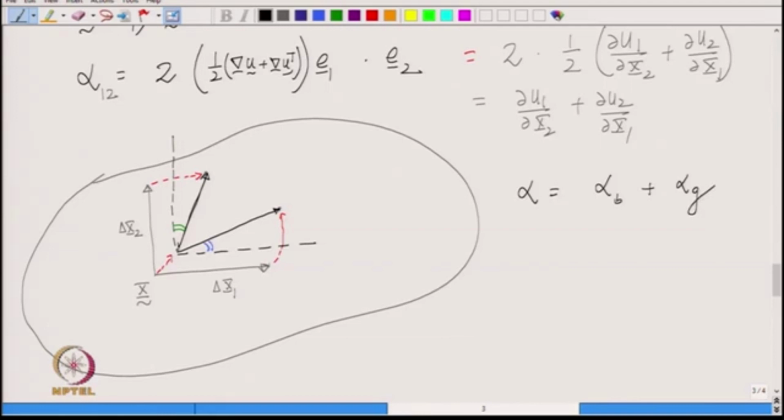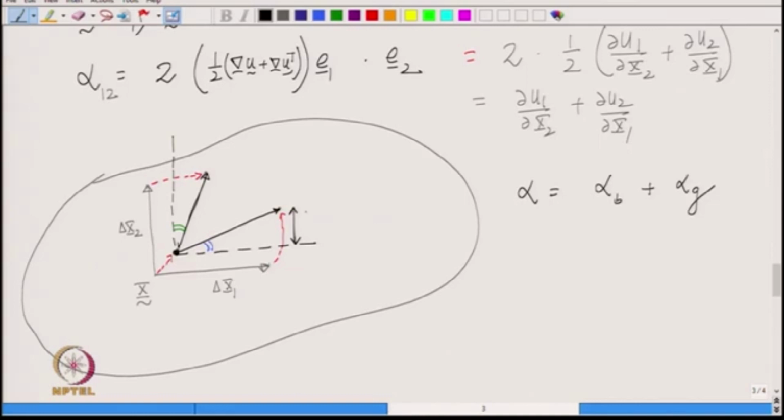To get alpha blue, you simply look at this triangle here. What will be this distance over here? Why is this distance coming? Because the vertex and the tip point move differently in the E2 direction. That is why this difference came.